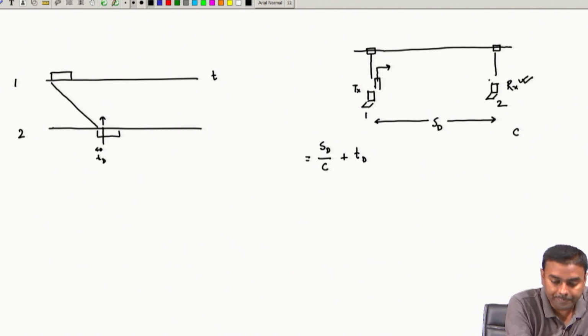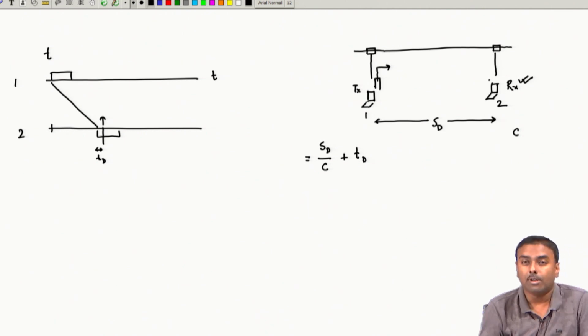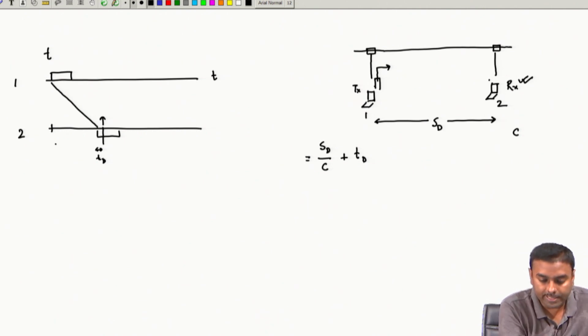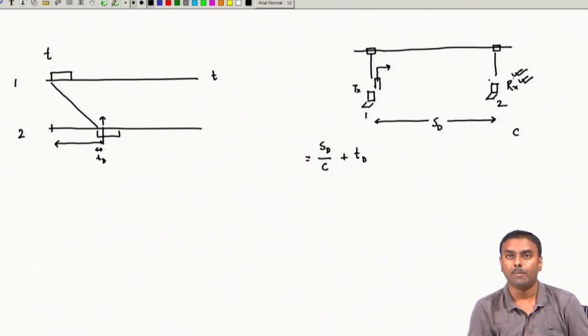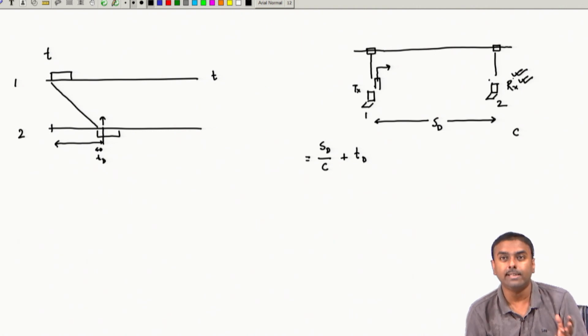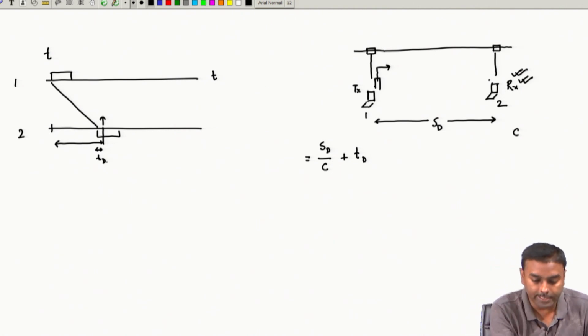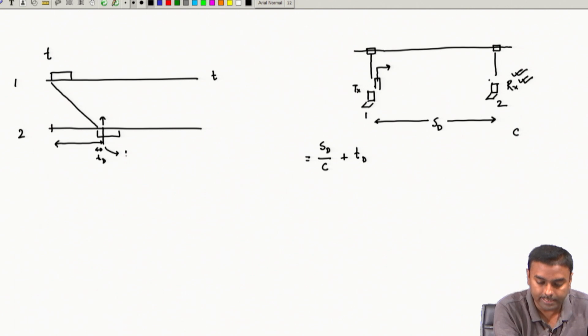But from time t, this amount of time is still vulnerable for node 2, because he only knows the presence of that node at t dash.